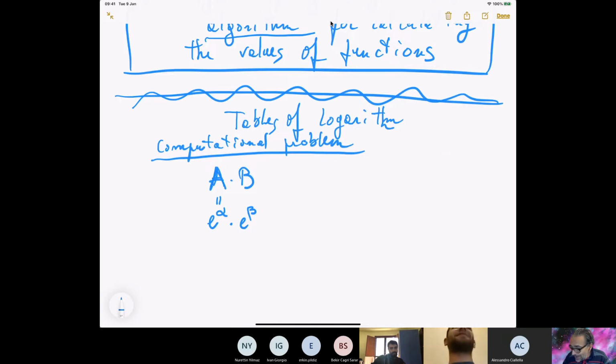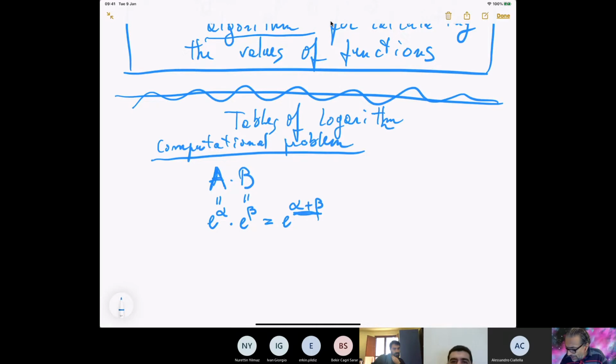Okay. Then you know that e to the power alpha times e to the power beta is e to the power alpha plus beta. So you have two big numbers. You calculate the logarithm, you get two small numbers. You can sum these two small numbers easily, or more easily.